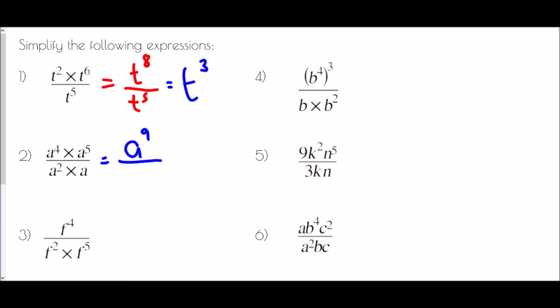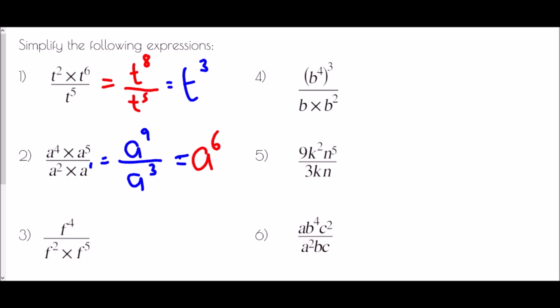It would be a power of 1. And so a squared times a, well, if I add those powers together, that is a power of 3, a cubed. When we finish it off, we just need to deal with doing a to the power of 9 divided by a cubed. Well, that would be a subtraction. So it's a to the power of 6.